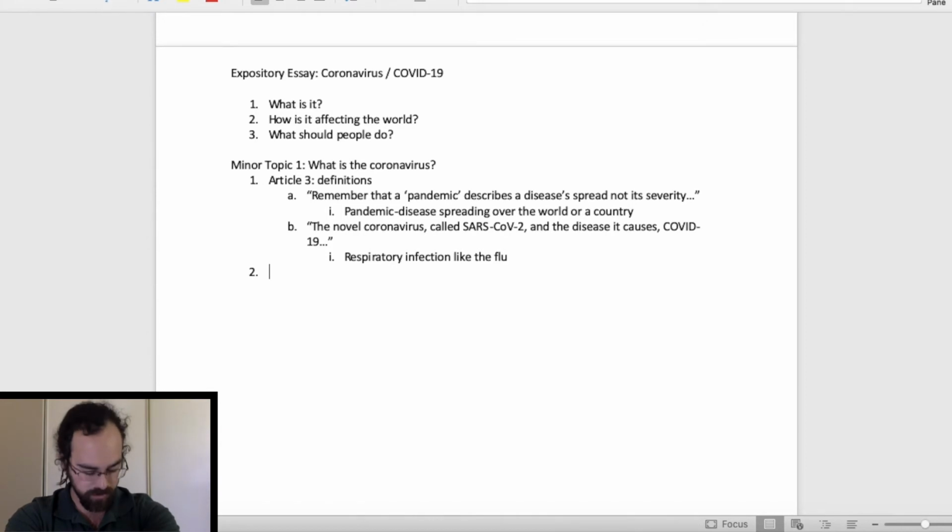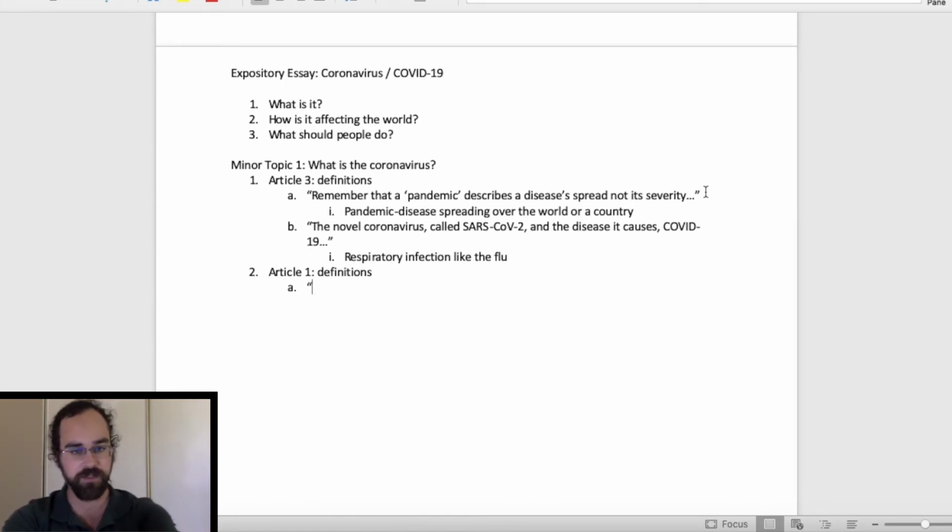Another bit of information I found from Article 1, some more definitions. Found definitions about the types of bacteria that can be found on the skin.